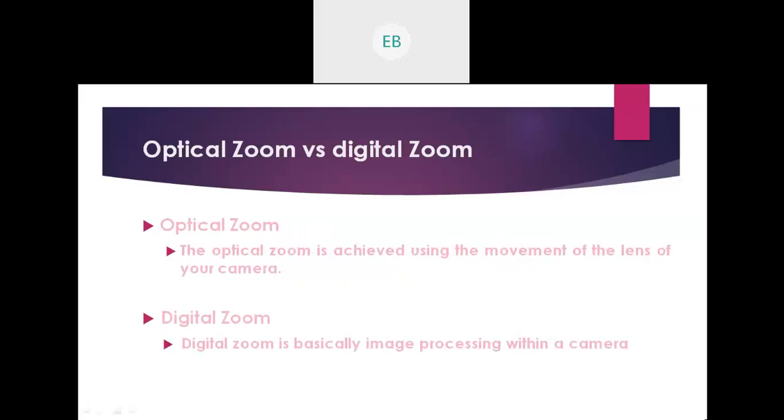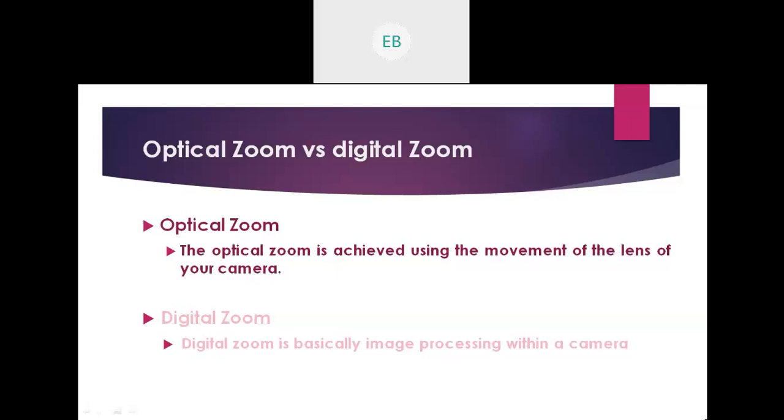Again, we have two types of zoom: optical zoom and digital zoom. So what is optical zoom? Optical zoom is achieved by using the movement of the lens of your camera. Optical zoom is actually a true zoom.